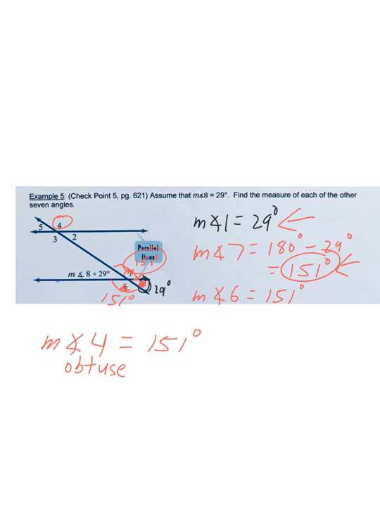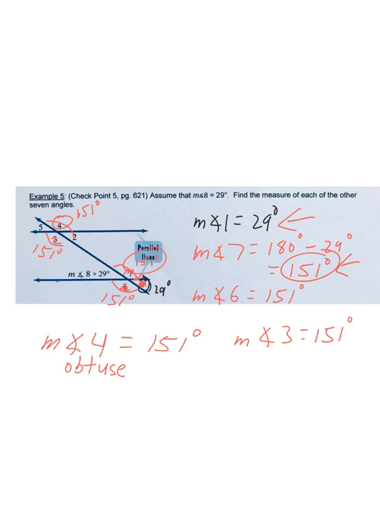So angle 4 must be 151 degrees. And the angle across from it is angle 3, so angle 3 must also be 151 degrees. And if you're not sure, angle 3 also looks obtuse. It looks larger than 90 degrees. So I would say it's a pretty good educated guess to say 151 for angle 3.